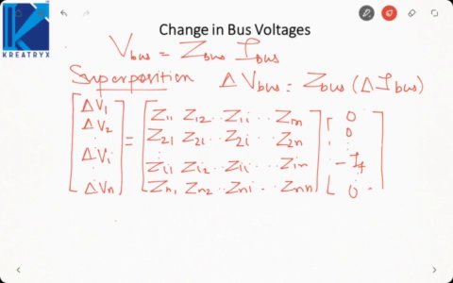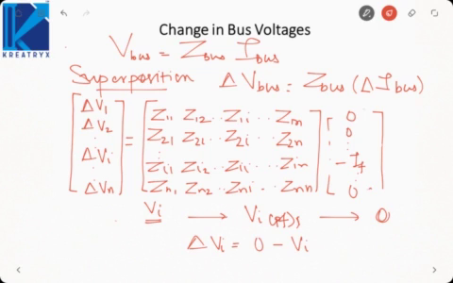What about delta V? In case of Vi, initially the voltage was Vi pre-fault. Now after the occurrence of the fault, the voltage will become 0 due to short circuiting. So delta Vi will be 0 minus Vi, where Vi represents the pre-fault voltage at bus i.